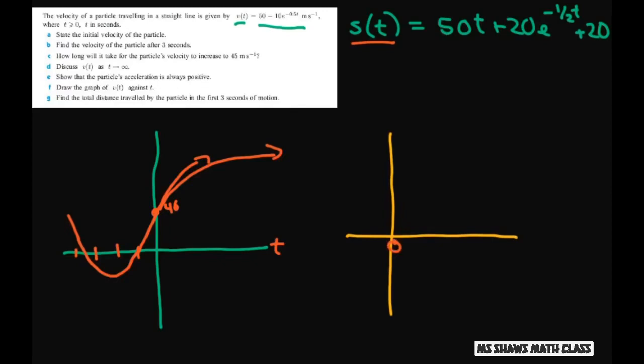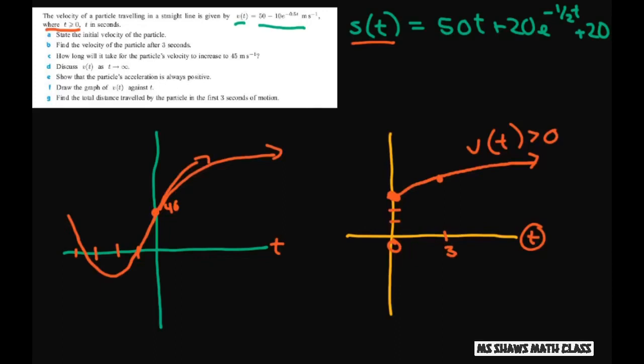So you have 0. That's going to go to 40. And then we had a time 3. That was at 47 point something. And you can plug in some more, and it's just going to go like this. So it's going to keep going, get increasingly larger and larger. All right. So the acceleration is positive if it's above the t-axis. And it's also pretty much given here.